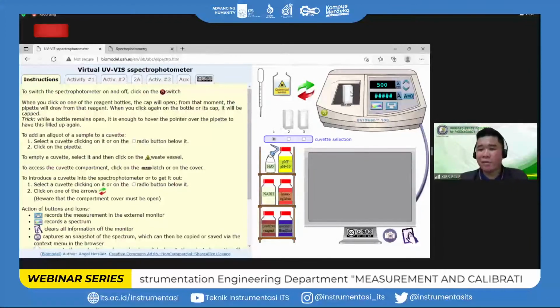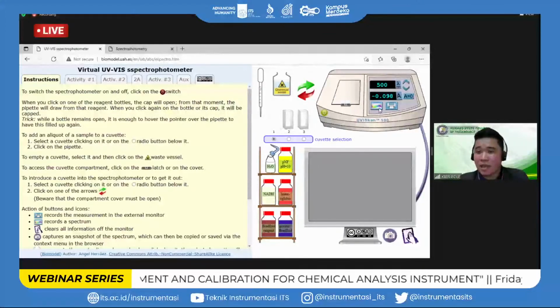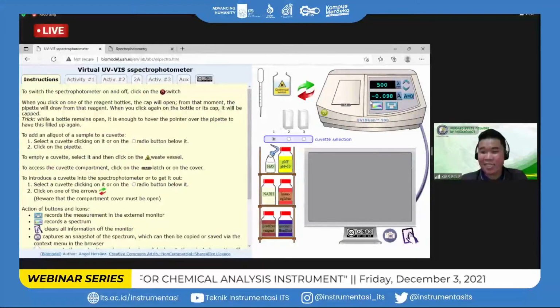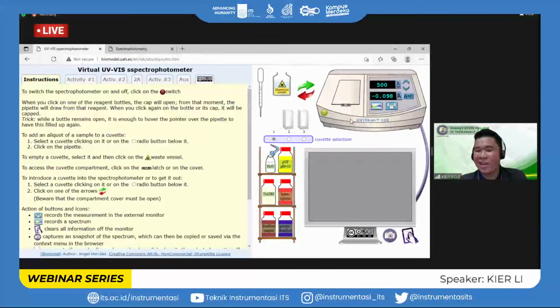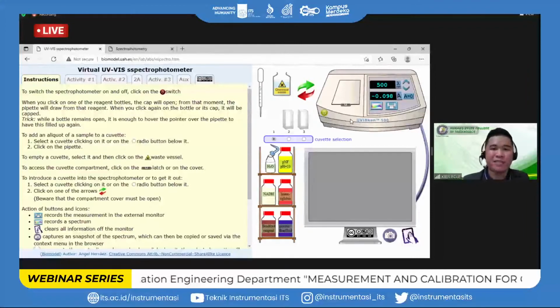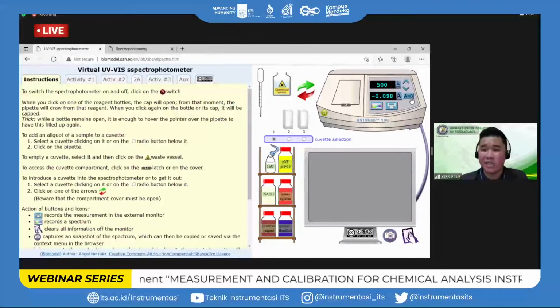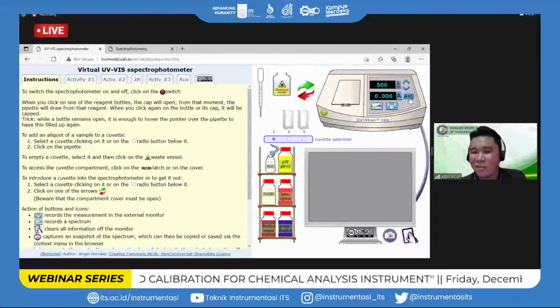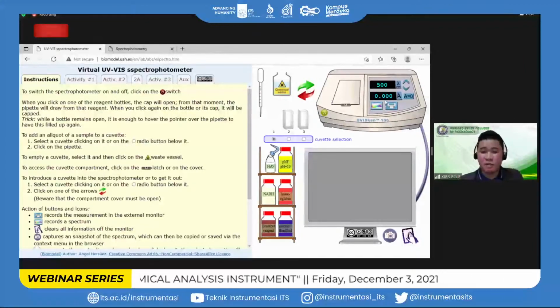As you can observe, the absorbance is negative 0.098. In order to calibrate the instrument, you must set the absorbance for your blank solution to 0, so you click auto zero.